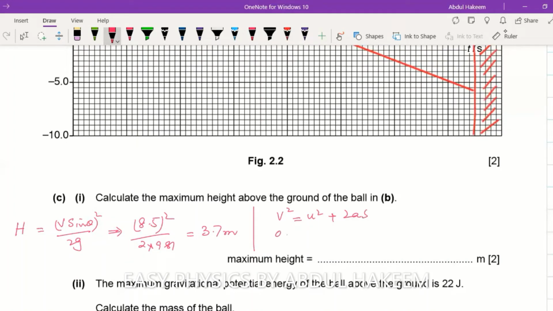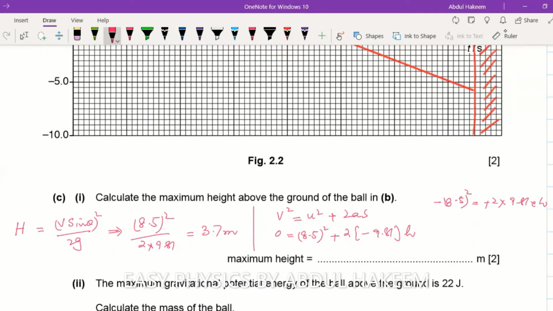The final vertical velocity is 0, the initial vertical velocity is 8.5, the acceleration is minus 9.81 and the distance covered is h. So minus 8.5 squared is equal to minus 2 times 9.81 times h, minus cancelled. So h is equal to 8.5 squared divided by 2 divided by 9.81. It's similar to this calculation, so you will get the same answer, 3.7, to two significant figures.